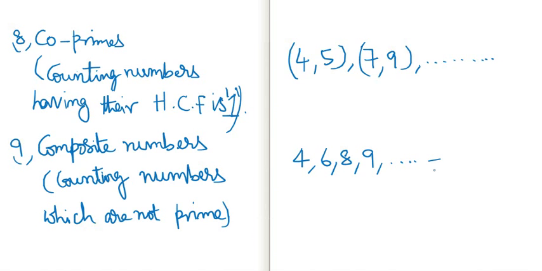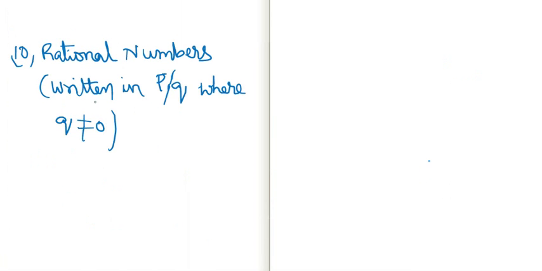Next one, rational numbers. Rational numbers are written in P by Q format. We can see with an example: 2, 3, 4, 5 and so on. 2, we can write as 4 by 2, P by Q form.